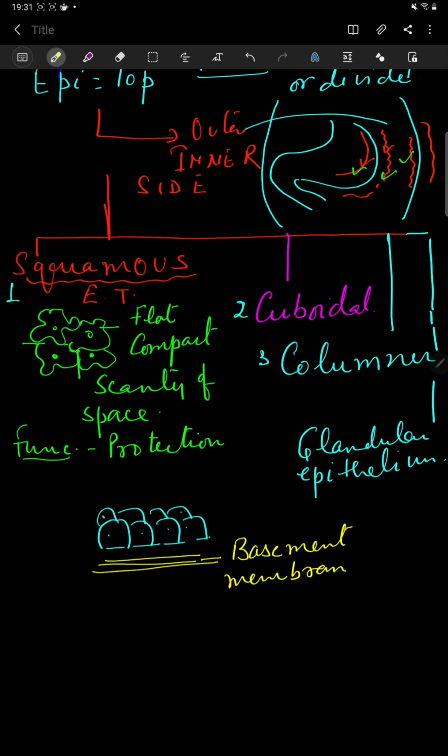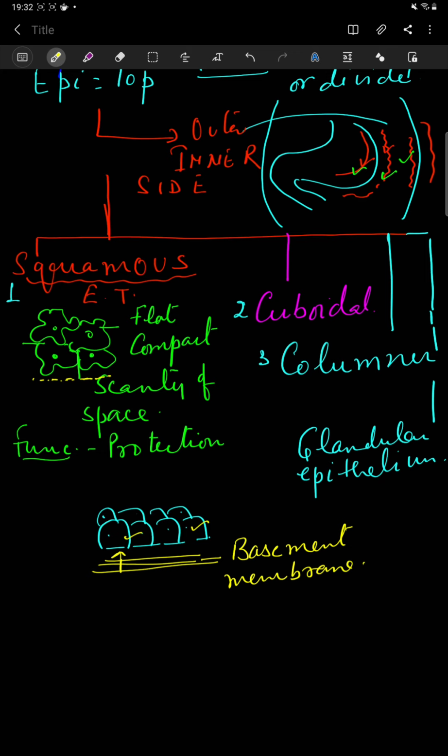This is the specific feature of epithelial tissue. That means if we are talking about the squamous epithelium, definitely a basement membrane will be there at the base of this one. This is the supportive extracellular support, outside the cells. The way of identification of epithelial cell is presence of basement membrane.